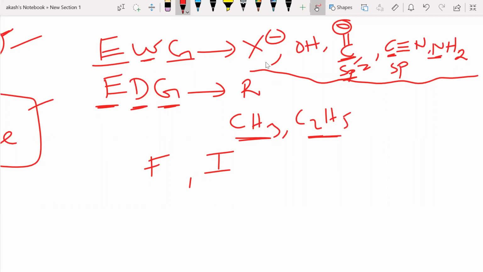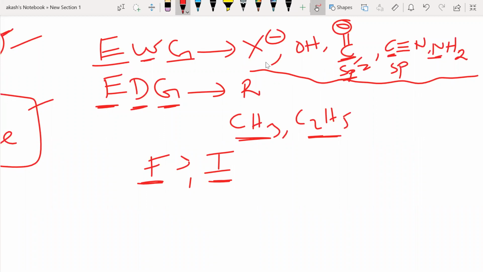Fluorine, sir. Obviously, there's no doubt, because fluorine is more electronegative than iodine. The electron pulling power of fluorine will be far, far greater than that of iodine. So it's all based on difference in electronegativity. Whichever has more electronegativity is going to have more electron withdrawing power.